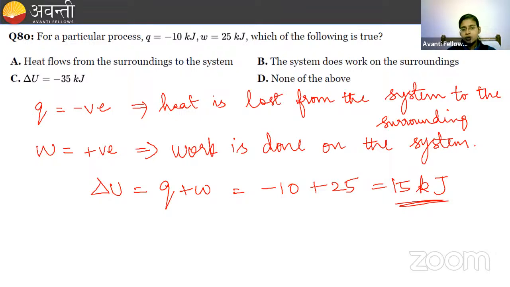Coming to C, the delta U value is 15 kilojoule, but it is given as minus 35 kilojoule. No, it is also incorrect. So none of the above is the correct answer for this question. All right.